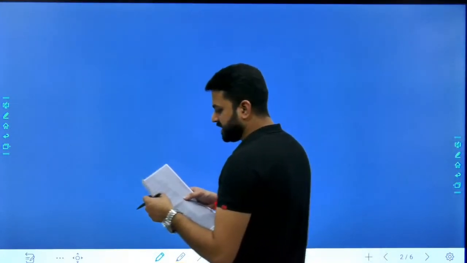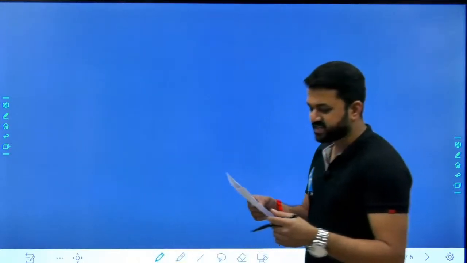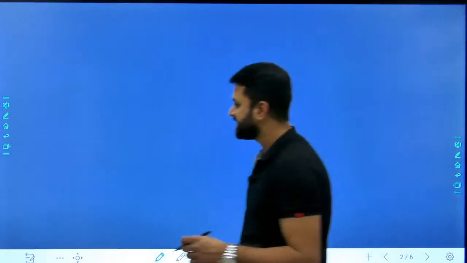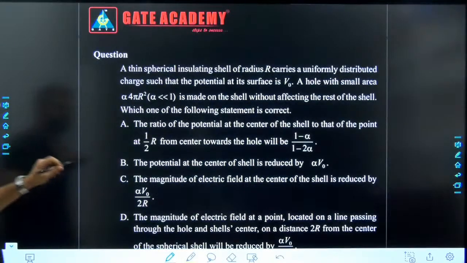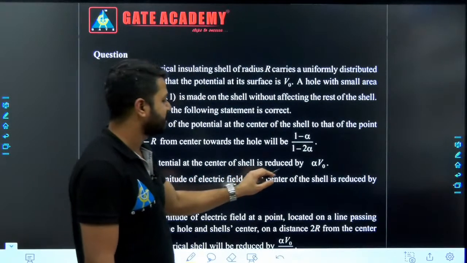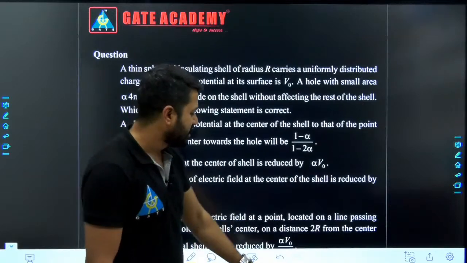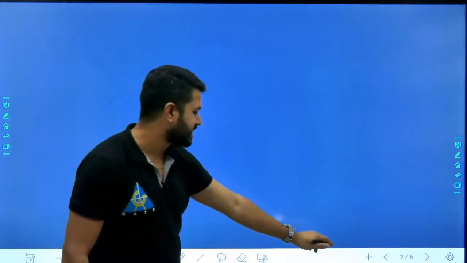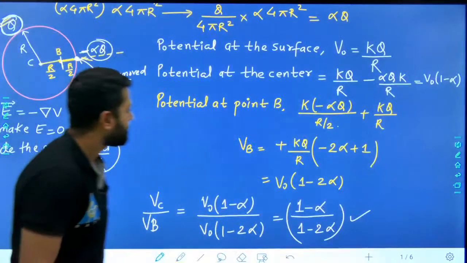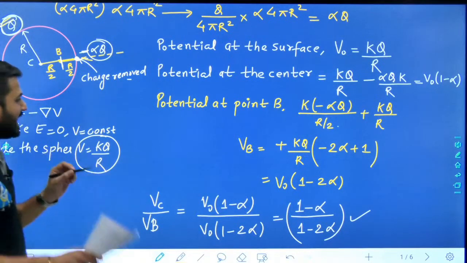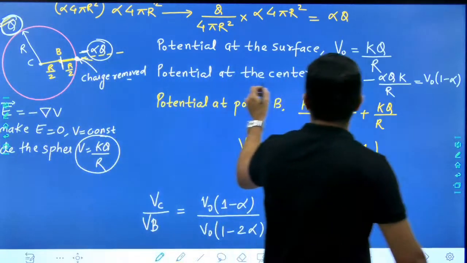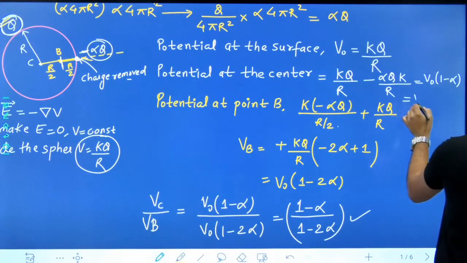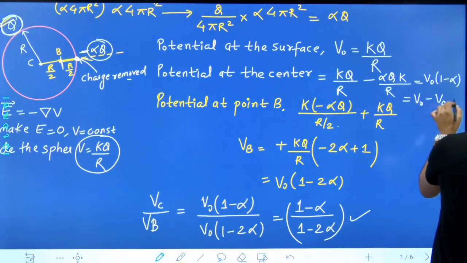Now the second one is the potential at the center is reduced by alpha V naught. See, this is the question: the potential at the center of the shell is reduced by alpha V naught. So the potential we have calculated at the center is written as V naught minus V naught into alpha.